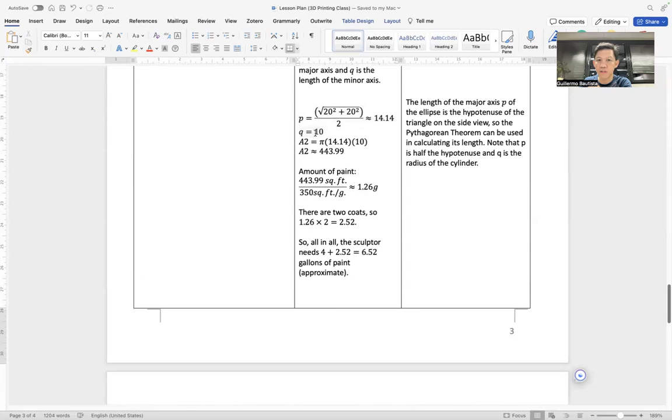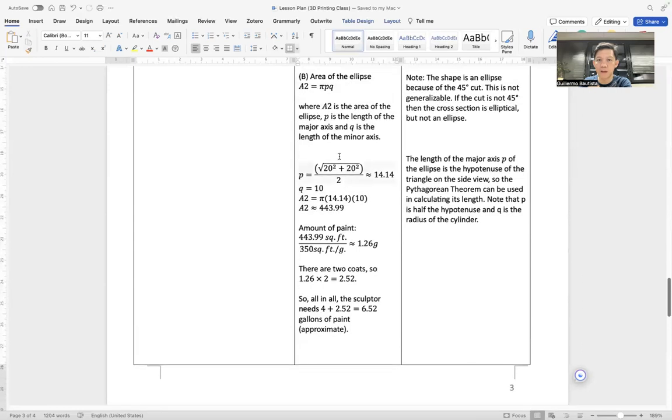And of course, the Q is the radius of the cylinder, which is 10. And you calculate using the formula pi PQ, and we get this. Again, we divide this by the amount of 350 square feet per gallon, and we have 1.26 gallons.